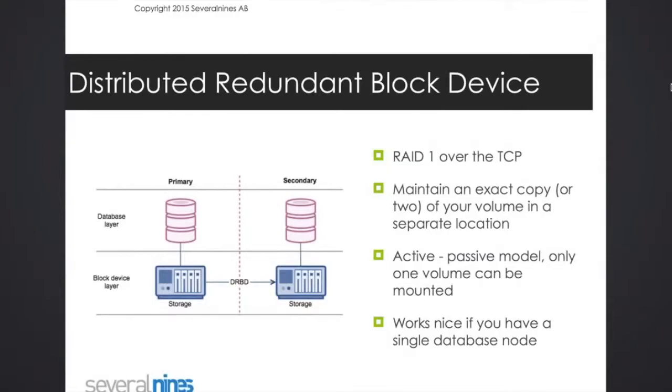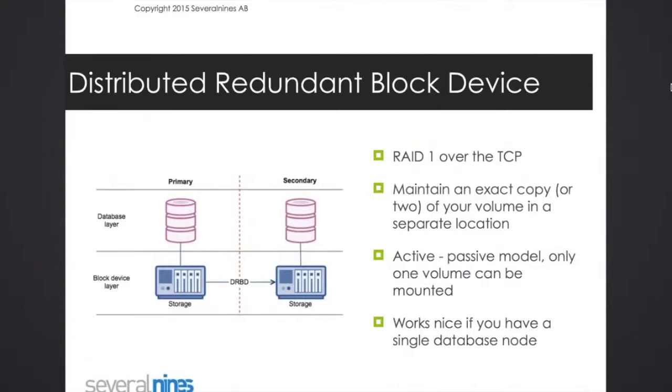Usually it's the same data center plus maybe one copy outside for the DR. It's an active-passive model. So one of the block devices is mounted and active. The other one is just accepting changes, applying changes.